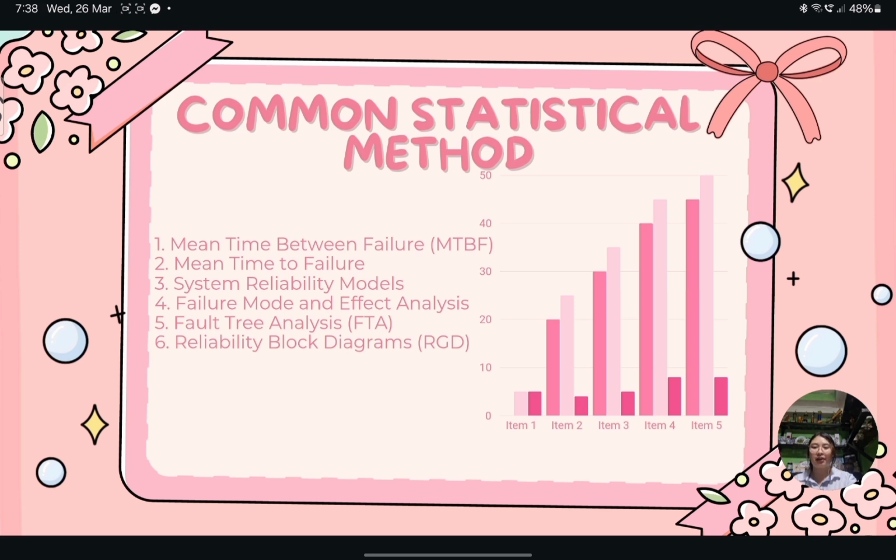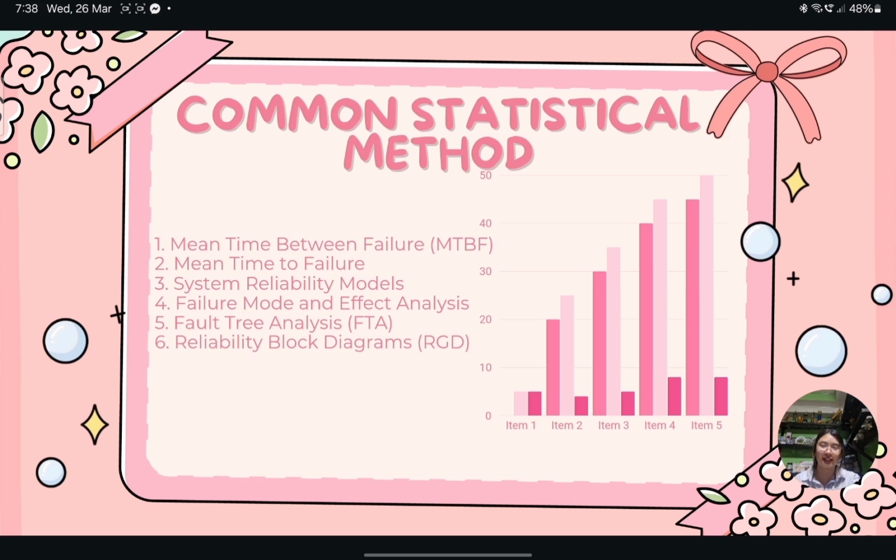Let's give an example for mean time between failure, or what we call the MTBF. Let's say a machine operates for 1000 hours, and there are 24 hours in a day. If we divide 1000 by 24, there will be 41 days, if I am not mistaken.